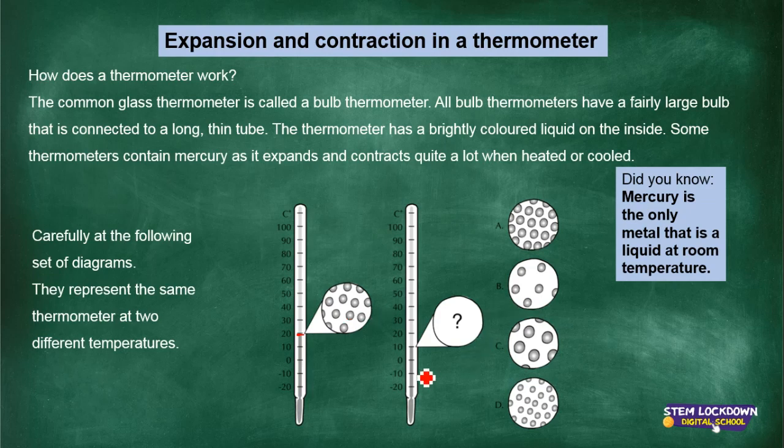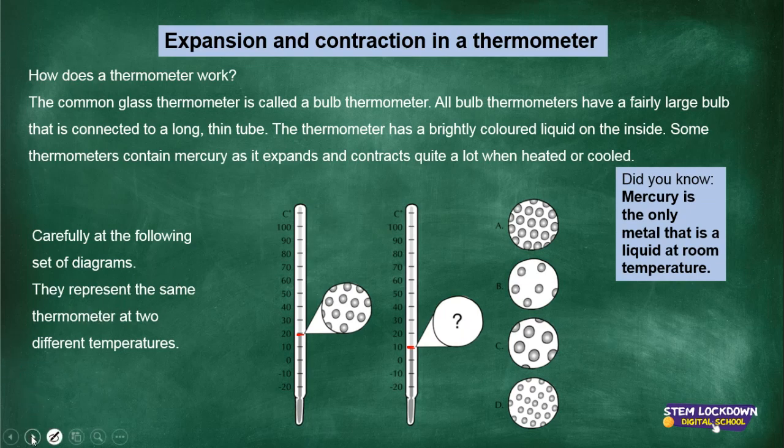And this thermometer on your right-hand side is at 10 degrees Celsius. Remember, this one is hotter and this thermometer is cooler. The temperature here is 20 degrees and here it is 10 degrees. So I want you to think, from A, B, C, and D, how do you think in the second thermometer the particles will be arranged?